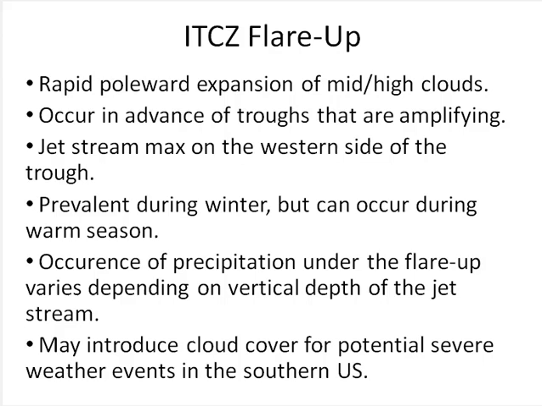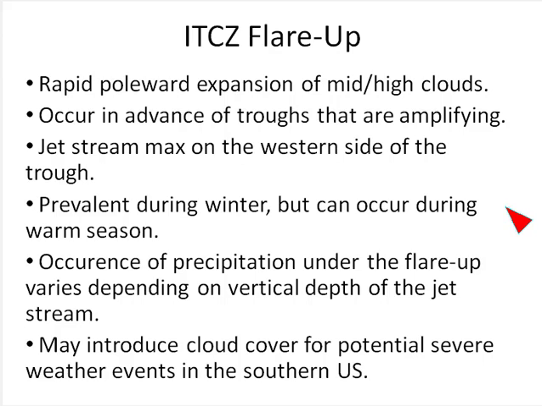The last topic we'll discuss are ITCZ flare-ups. An ITCZ flare-up is a rapid poleward expansion of mid and high-level clouds in advance of amplifying troughs. ITCZ flare-ups are also known as a Pacific moisture conveyor belt or a warm conveyor belt associated with cyclogenesis. They're characterized by a jet stream max on the western side of the trough.